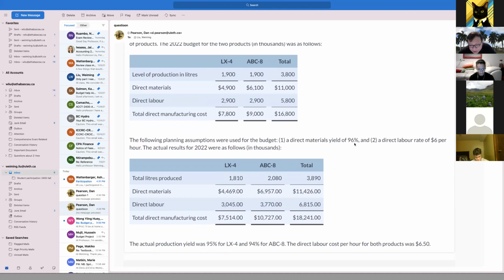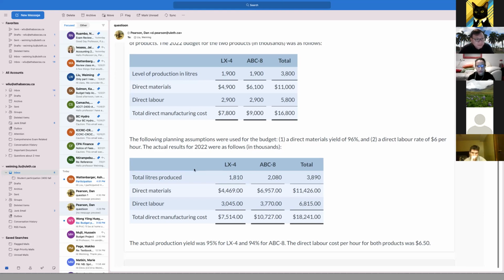Basically, the usage of the direct materials multiplied by 96% should equal the production, the usage consumed. So when you want to figure out how much you need to use, you have to take that number divided by 96% or 95%.